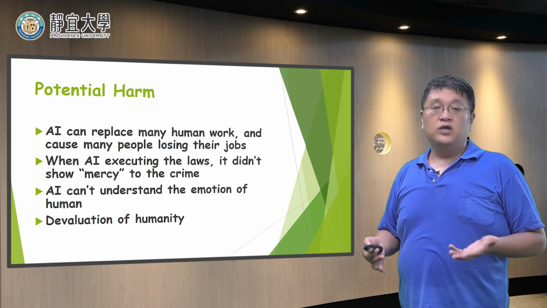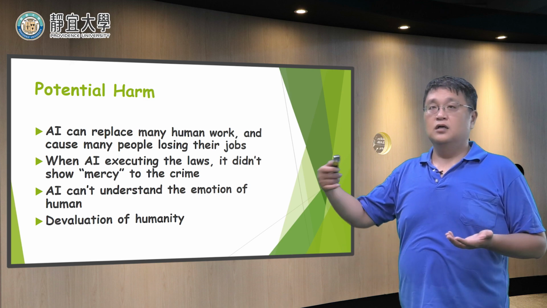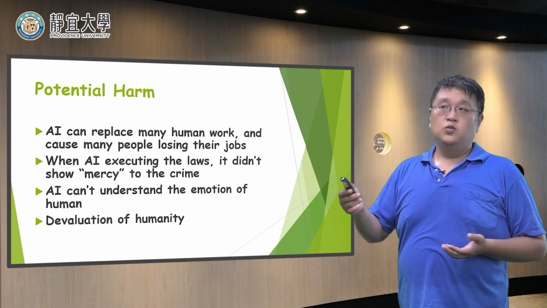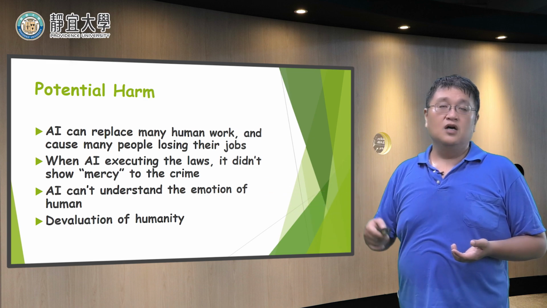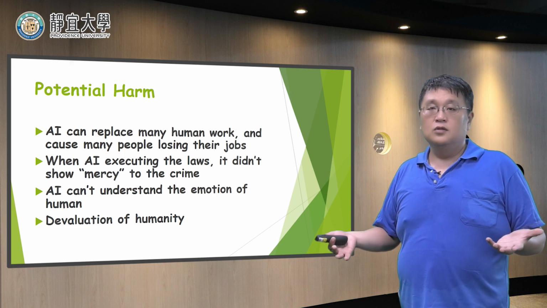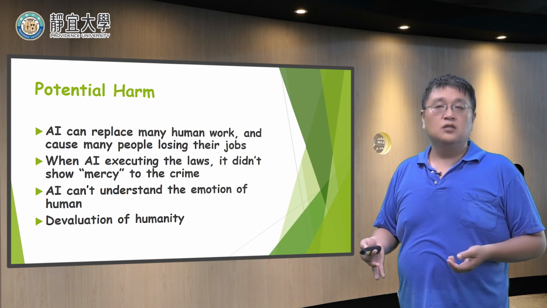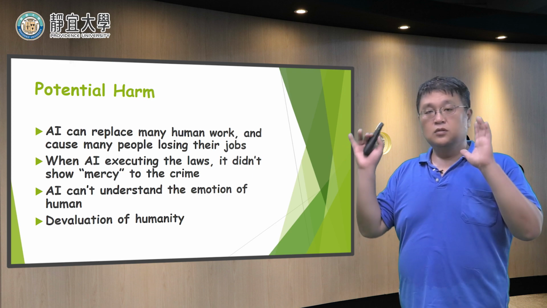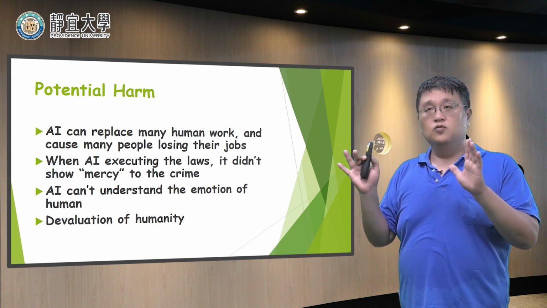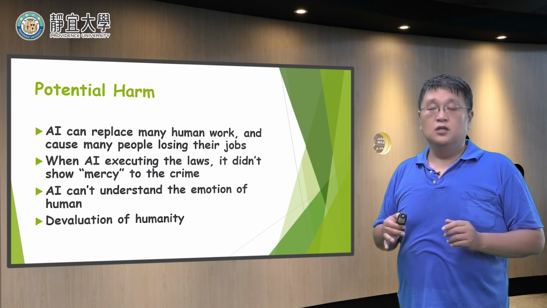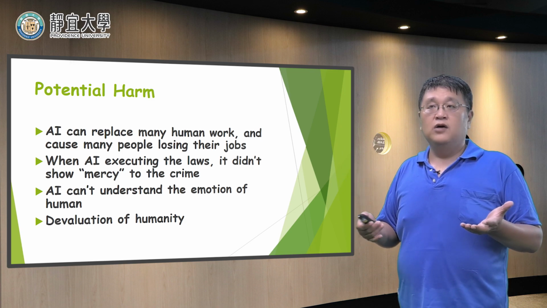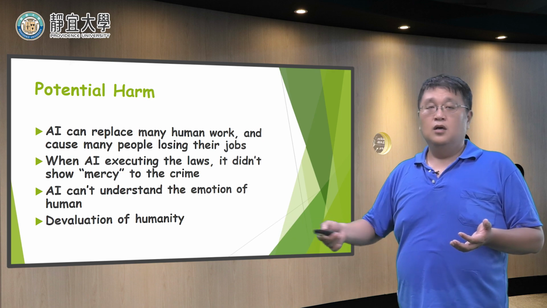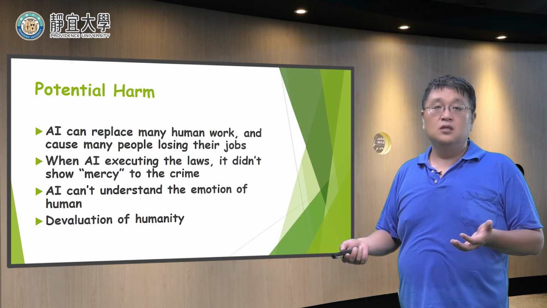And also the driver: we can use the robot to drive the car. So it replaces the work, replaces our jobs. This kind of computer helps us in our daily life, but it also replaces our work.